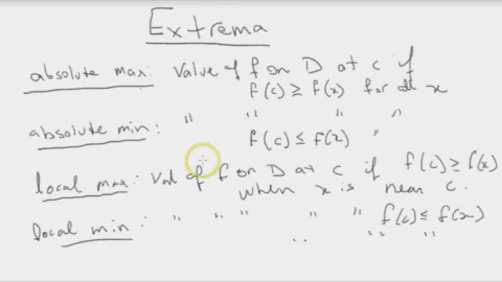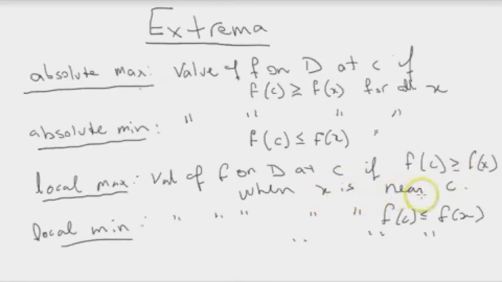And now local maximum and local minimum are a little trickier to define in words, but they make a lot of sense when you look at them on a graph, which we're just about to do. So a local maximum is a value of f on a given domain D at a value c, when f(c) is greater than or equal to f(x), but that x is only the x values near c.